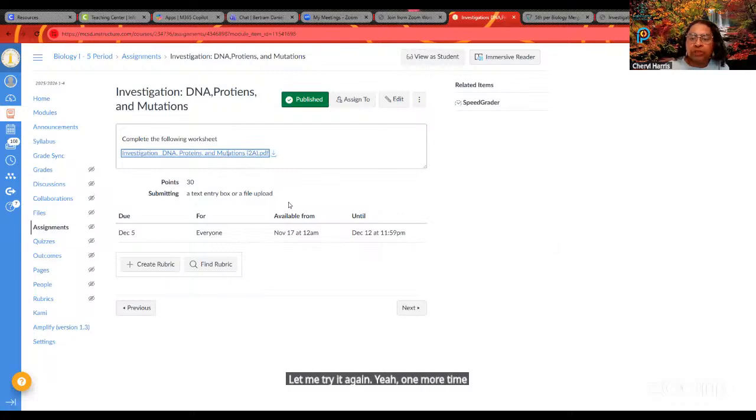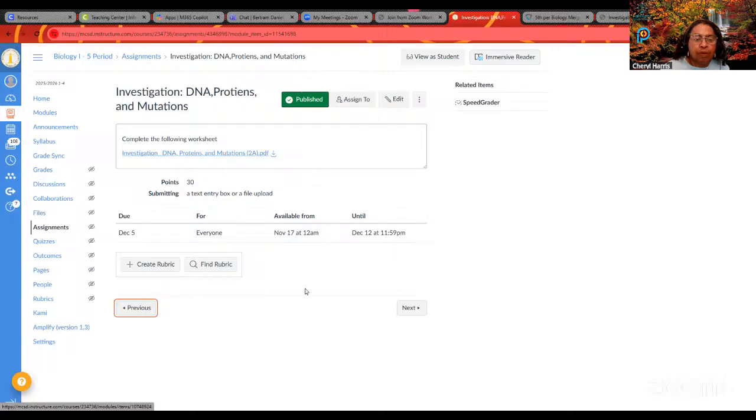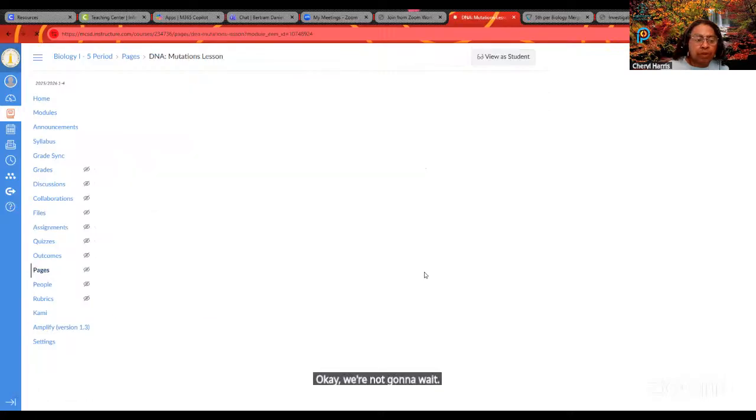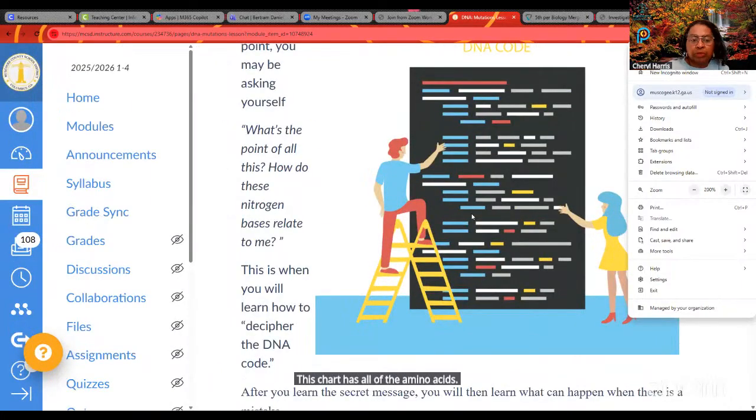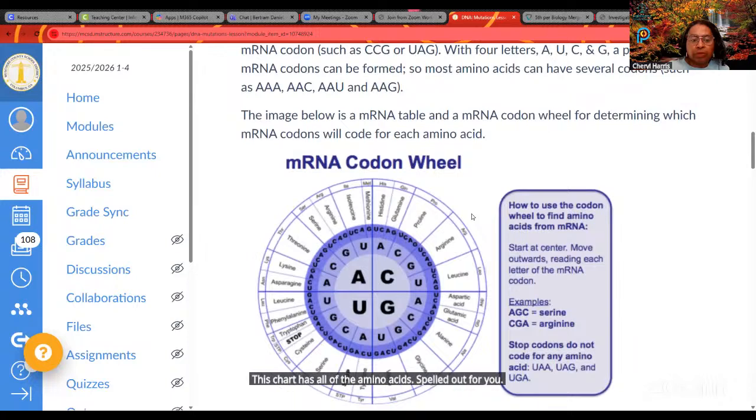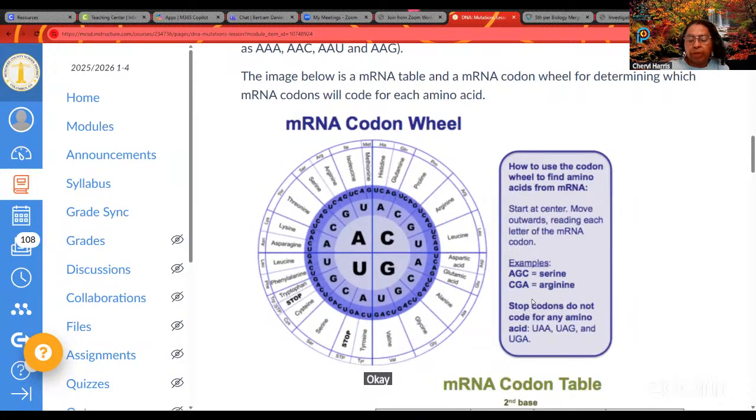By now it should be up. Okay, never mind. We're not gonna wait on that. All right, I'm going to come back over here because I'll make this one really big. This chart has all of the amino acids spelled out for you. Okay, there we go.